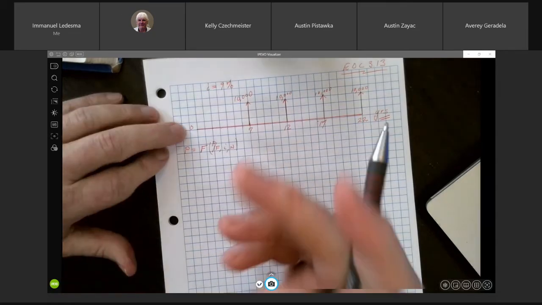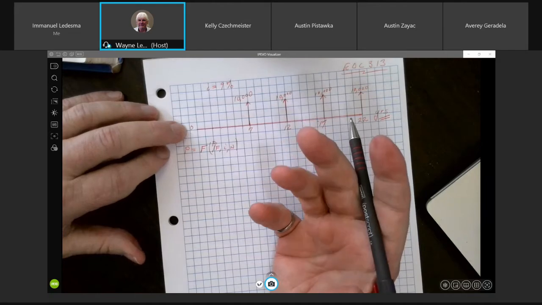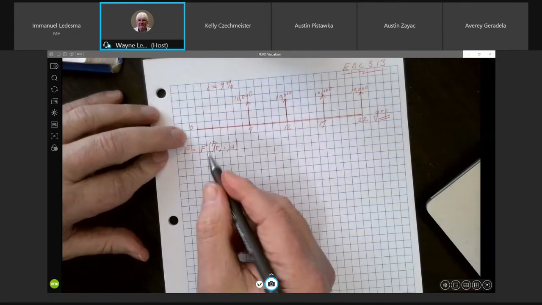But we're dealing with it as an individual amount in this case.